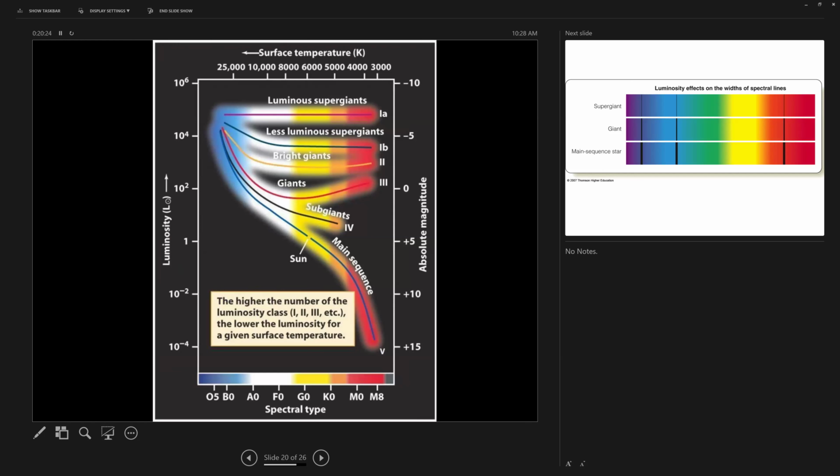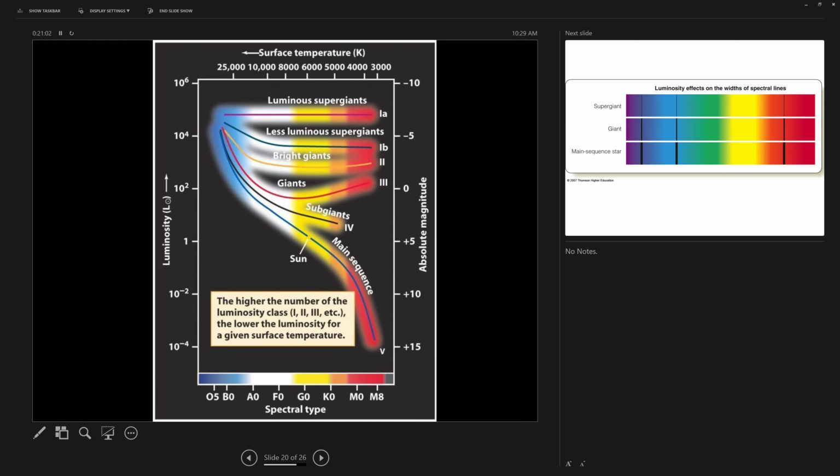And then there's another categorization for stars, and they put a Roman numeral on it. The spectral type is the OBA thing down here, but this is a luminosity class: I, Ib, II, III, IV, and V. The sun is a type V. Main sequence stars are type V. That's another way that astronomers have sorted them into classes.